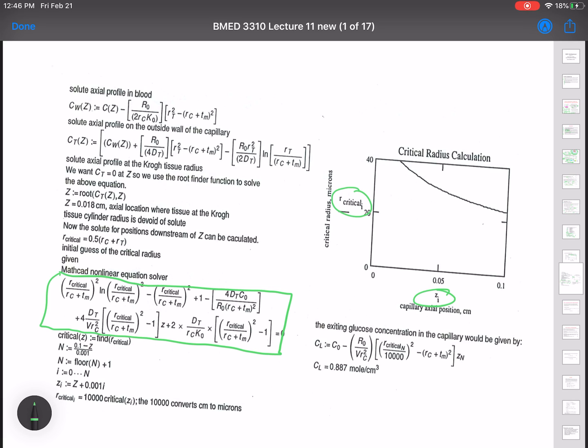So let's see, the critical radius, we started with 40, and 40 was fine, but at some point, that's very small, around 0.02, I think, the critical radius decreases below what is actually the radius of the tissue, which means that tissue in this area here is not receiving a sufficient amount of the solute. So that's the muscle that's not getting glucose.